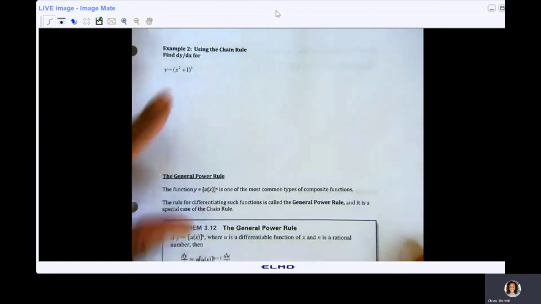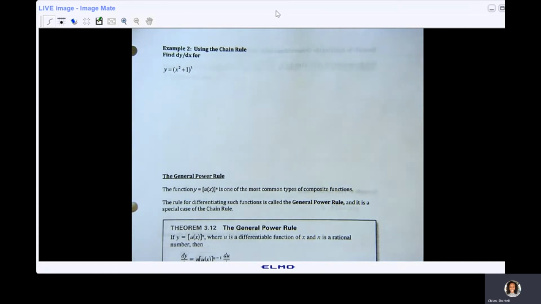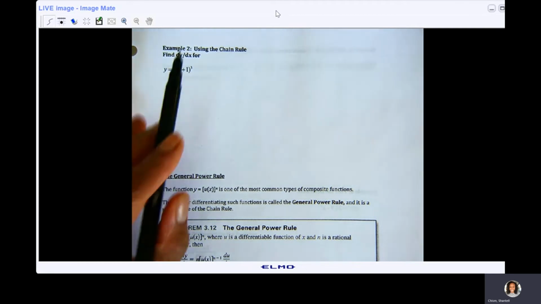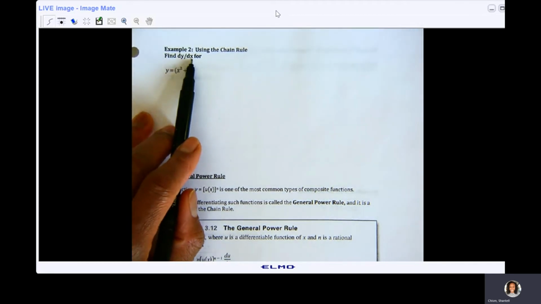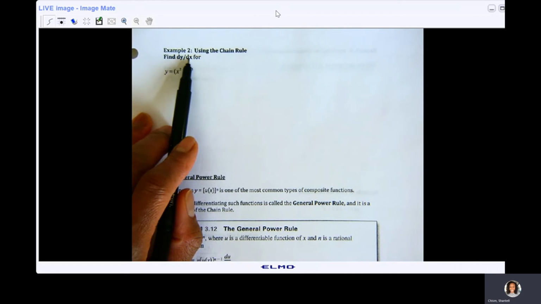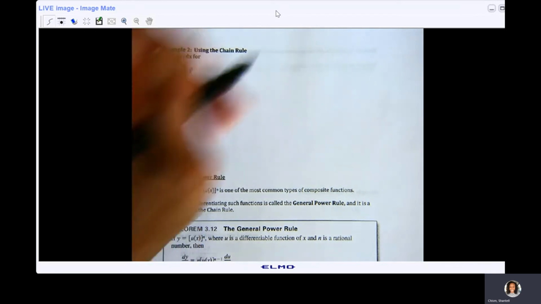Okay? So first, let's look at this chain rule problem here. It says use the chain rule to find the derivative of y with respect to x. Okay? So derivative of the function y with respect to x. We're finding dy over dx. This is another way to write derivative.